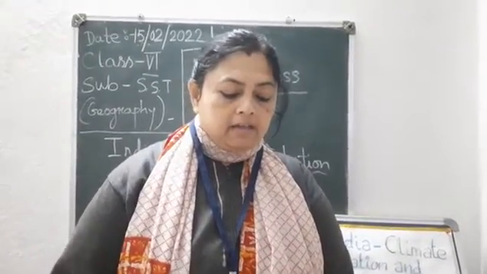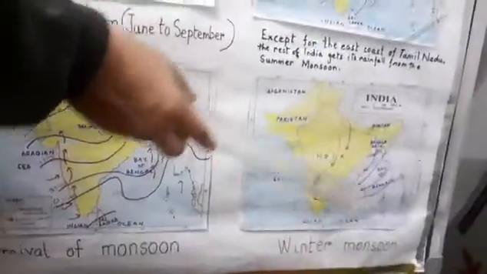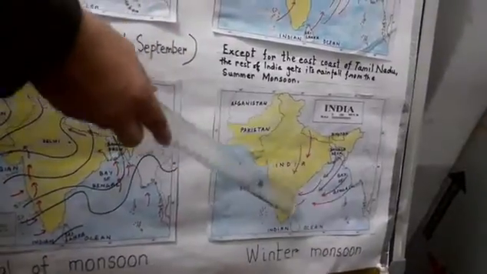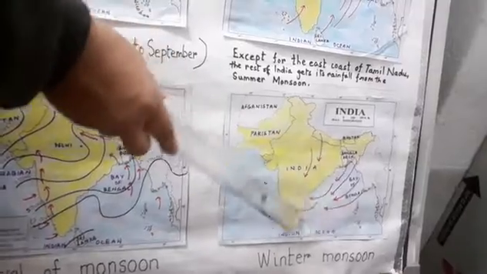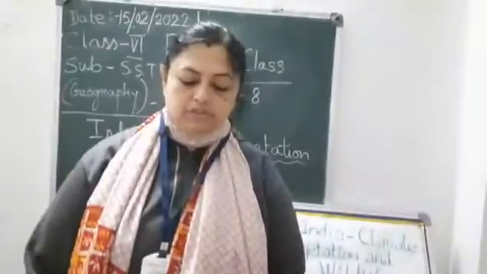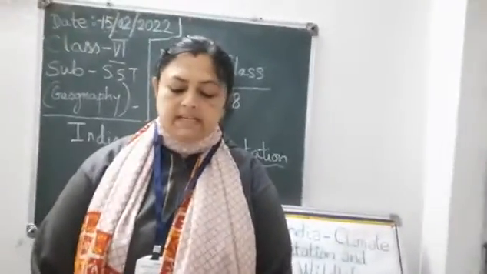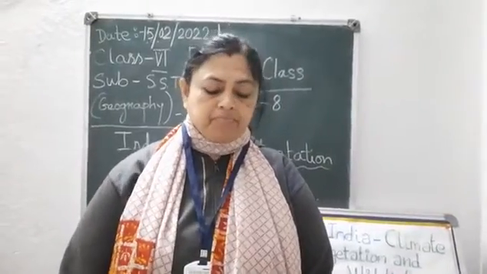So over here you see, retreating means they are going back. The moisture is going back. This is the retreating monsoon, and this season is called the season of retreating monsoon.